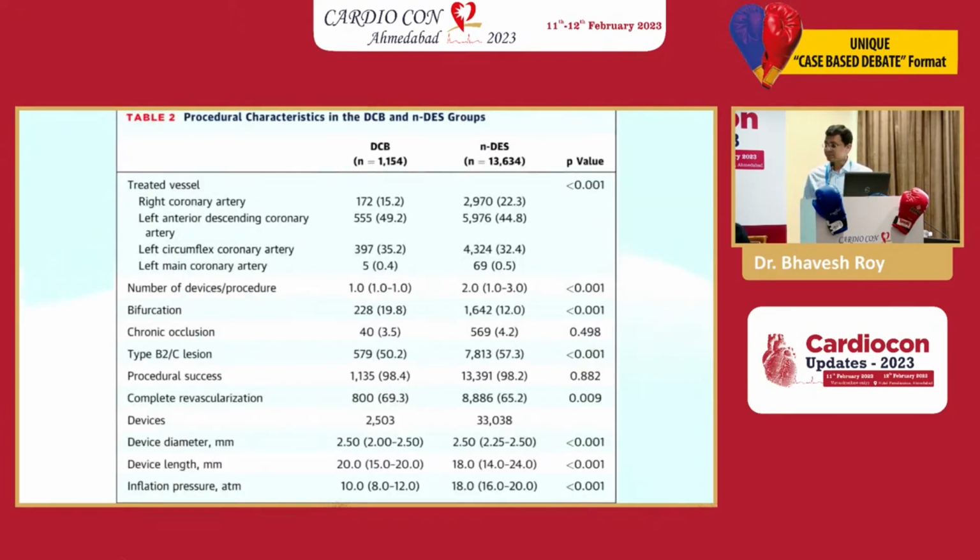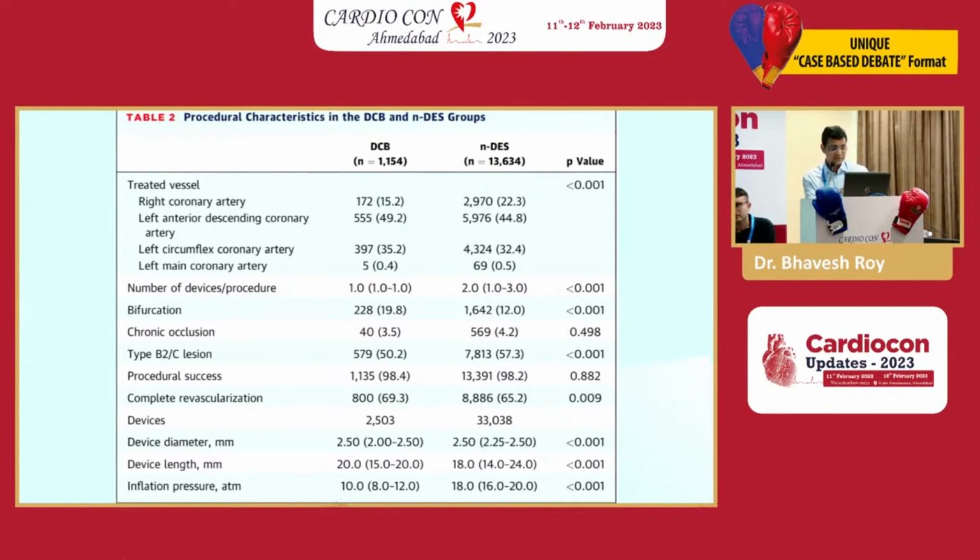Procedural characteristics. Now this is very important. See, it is not a diagonal vessel. It is for the LAD, LCX, and left main. It was not for the small vessel disease of the OM or the PDA or PLV. These are the main blood vessels. Number two, see the bifurcation, 228 versus 1600, the p-value less than 0.01.